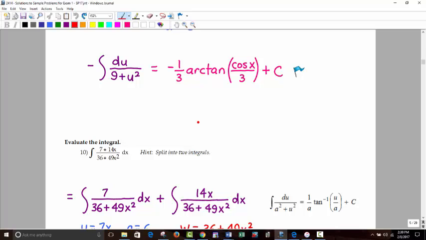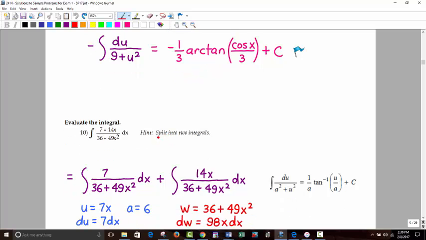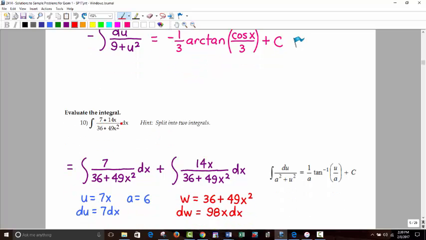The reason why I say that is because if you go back to, for example, Cal 1, it's very possible that the numerator, even if it's 2 terms, could have been a multiple of the derivative of the denominator, where therefore it's just u du, but that's not the case here. And in this class, I'm not trying to really test that per se. So if you see this, you're pretty sure you're going to have to split it in 2 pieces. But I just want to clarify that's not a mathematical rule.